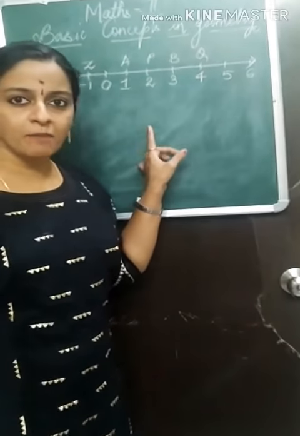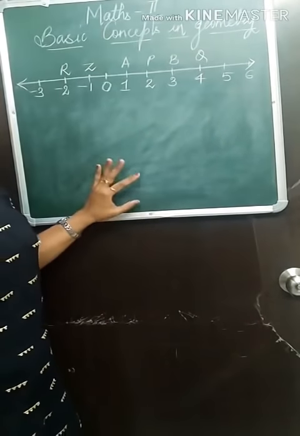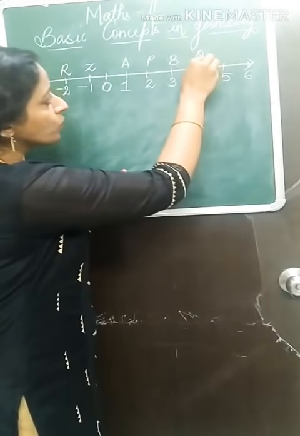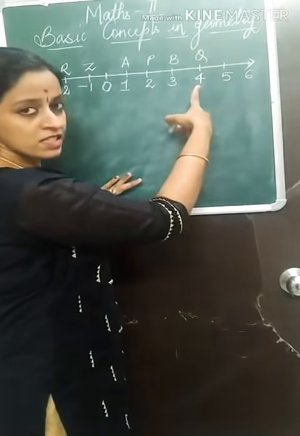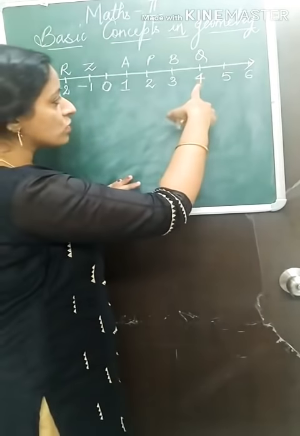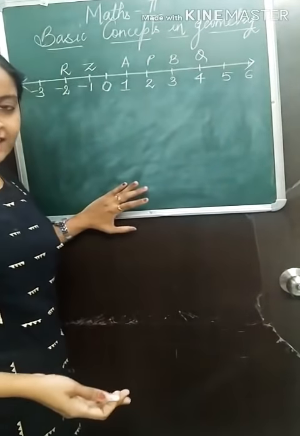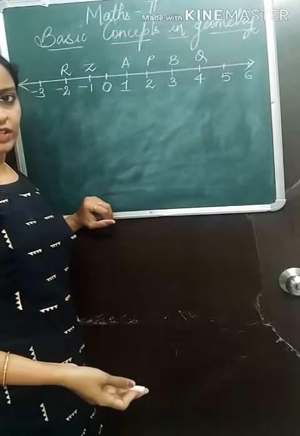Now if you look at this number line, you can easily make out that point Q represents which number? Point Q represents 4. So this 4 is called the coordinate of a point.